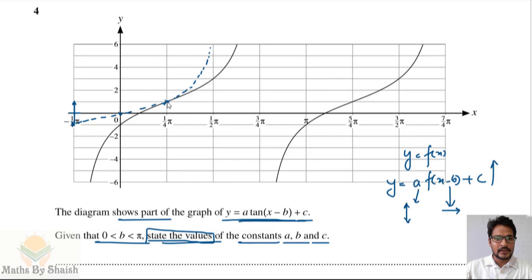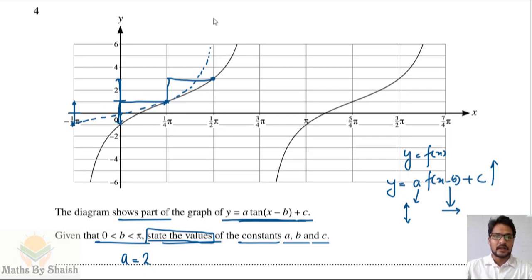If we compare in this way, because it's a symmetric curve, it is symmetric about this point, and the distance between the two points is now 2 up, 2 down. So it's stretched in the y direction by the factor 2. From here we can directly write a is 2.